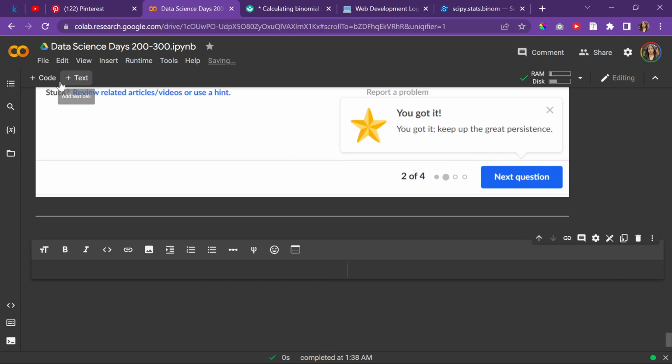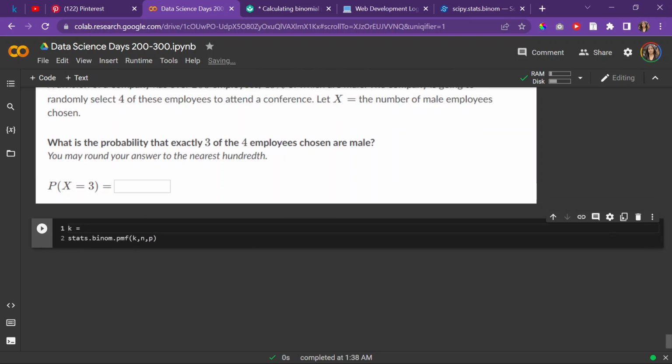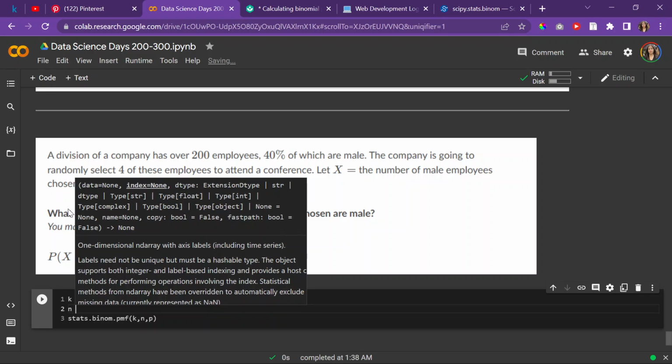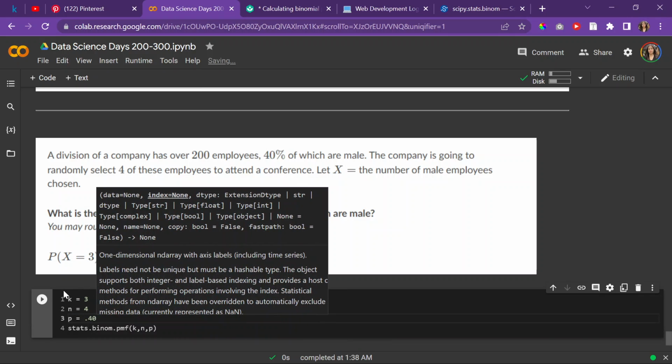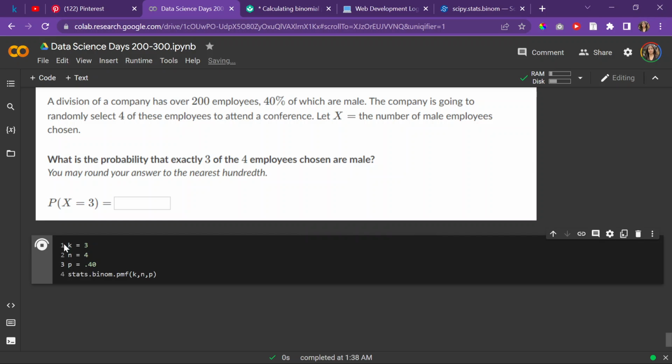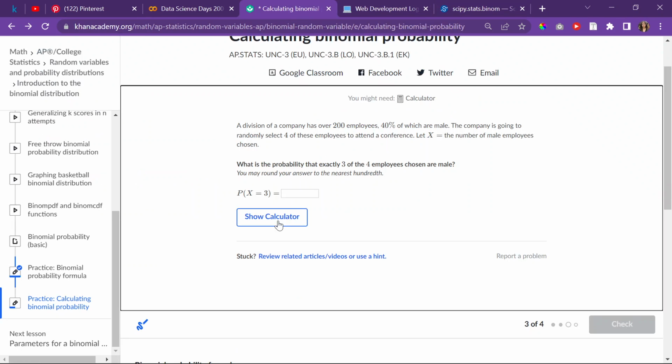So I'll just do stats dot binom dot PMF, with k and p. K is equal to 3, n is equal to 4, p is equal to 0.40, k is 3, right? And then it's 0.15.